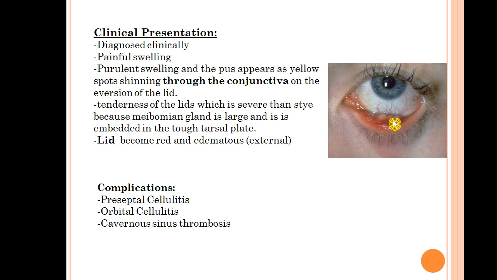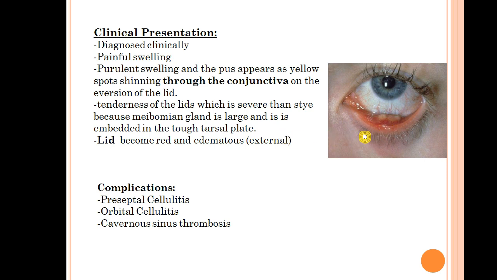We have studied that in Hordeolum externum, you will see the pus at the eyelashes, because of the involvement of the Zeis gland, whereas the meibomian gland lies near the conjunctiva in the tarsal plate. So here you will see the pus on the conjunctival side and more internally. Moreover, the tenderness of the lid will be there, and this tenderness will be severe, as we have just said, because it is present in the tough tarsal plate.